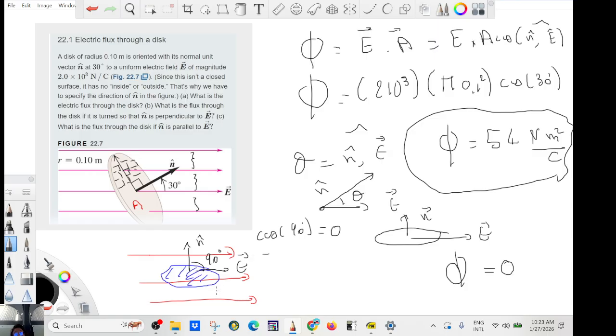When the disk is completely straight up, yes, that will be the maximum. If the angle is zero, like this way, then you have the maximum.